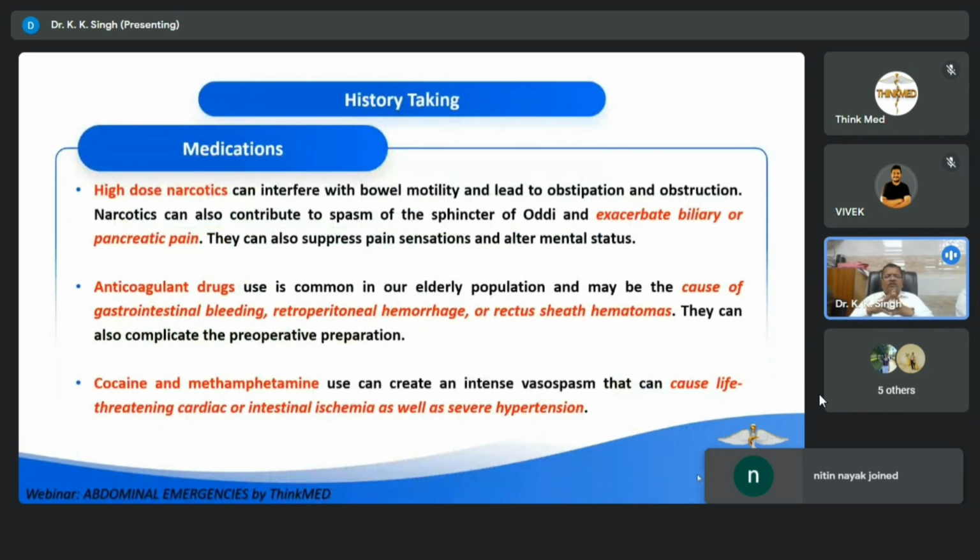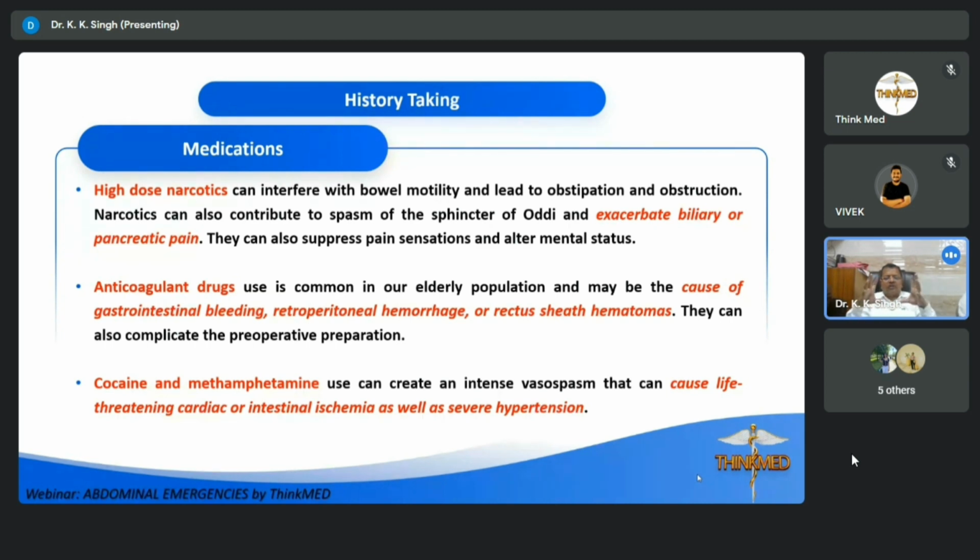Now, some medications are important to know because they per se can cause pain in abdomen, mimicking acute abdomen. The most important among them are high dose narcotics, anticoagulant drugs, cocaine, or other related drugs, right?